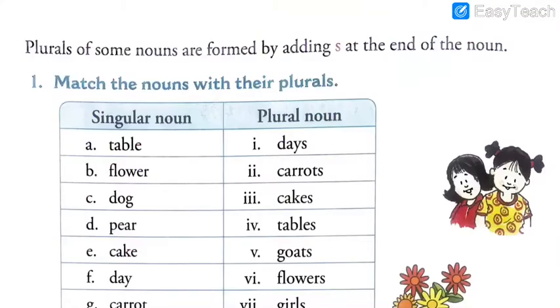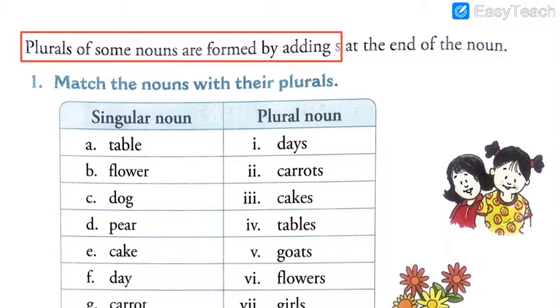So, let's start with match the column, which is the first exercise of chapter number 3. What you have to do is, see, plurals of some nouns are formed by adding s at the end of the noun.